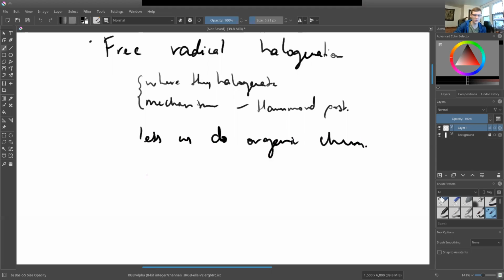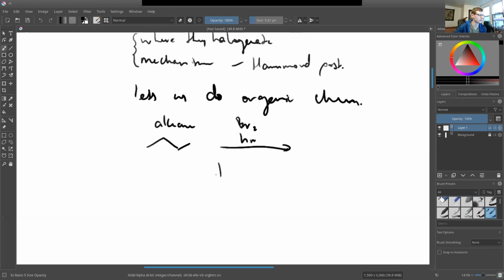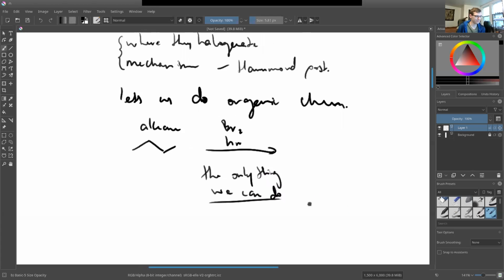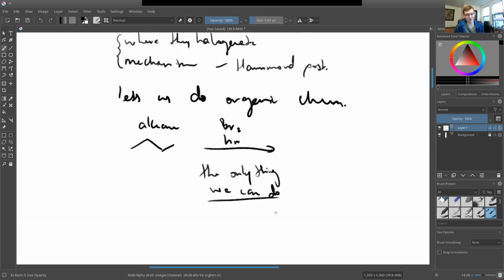Well, if we have a hydrocarbon, if we just have an alkane, the only thing that we can do is free radical halogenate it. There are no other options. I mean, you could burn it, but there's no point in doing that.